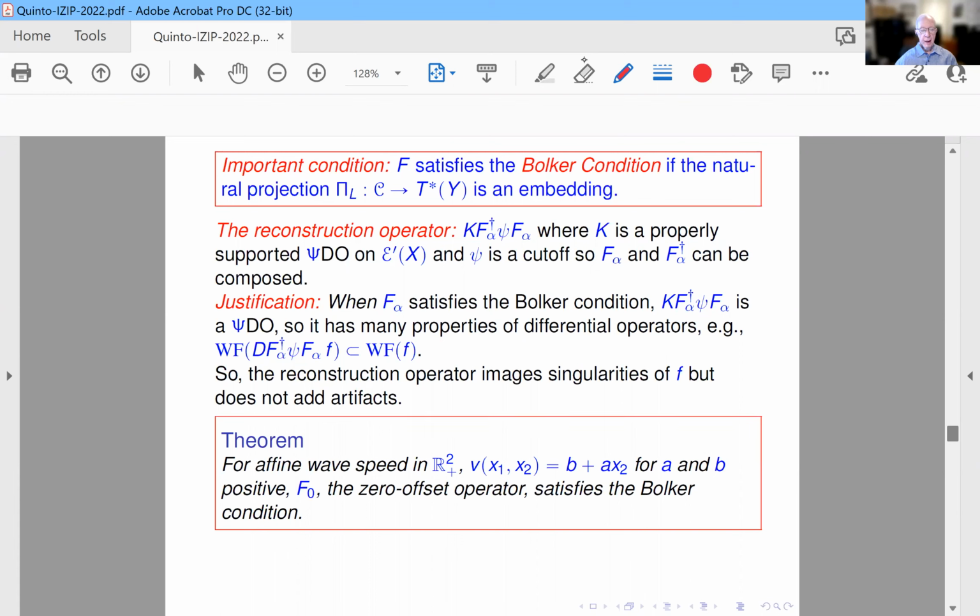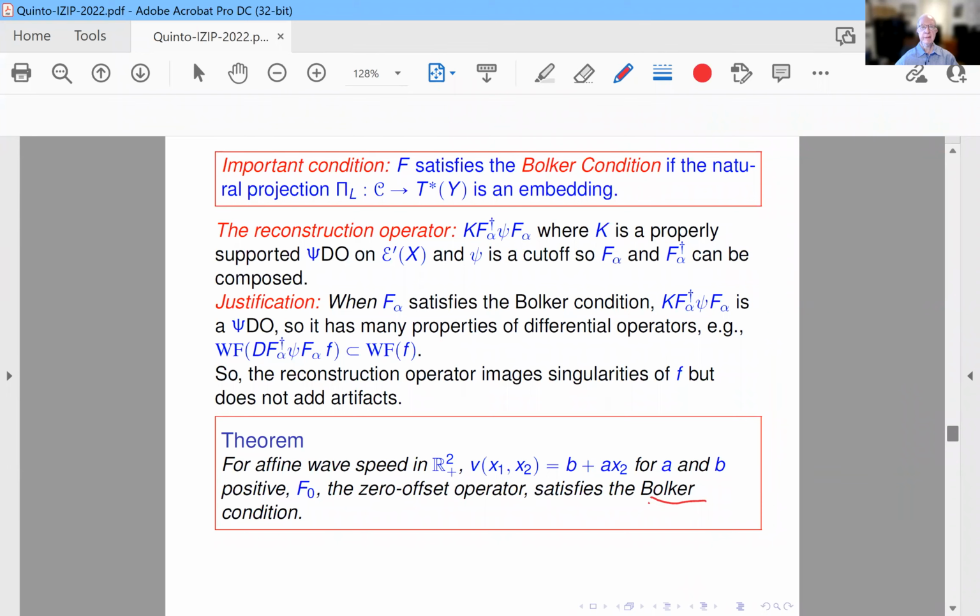Okay. Now, here's one of our main theorems in our recent article. For affine wave speed, F0, the zero offset operator, satisfies Volcker. So that's good. That means that all the stuff I told you before about this reconstruction operator, it's going to be an FIO, and so we don't get added singularities, and we do recover at least some singularities.